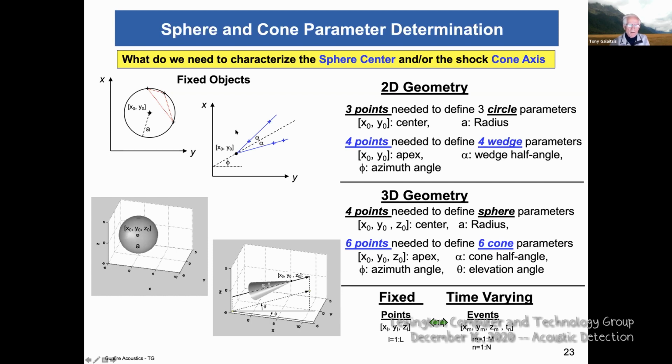The same way, if you have a wedge now, which is kind of the 2-dimensional version of the cone, you have a couple more parameters over here. You have, I guess, the center, which in this case is the apex. So you have 2 variables over there, x and y0, and the radius is over here.